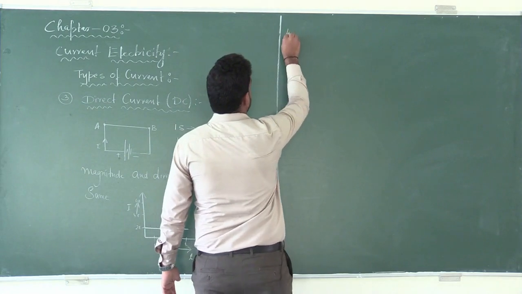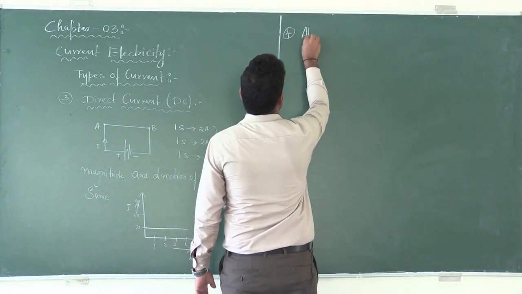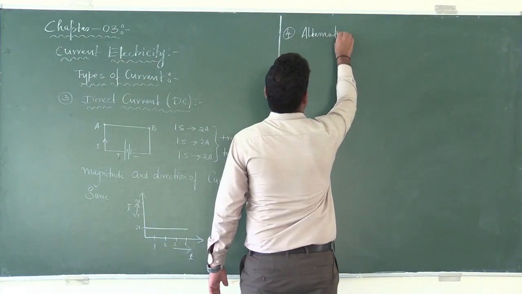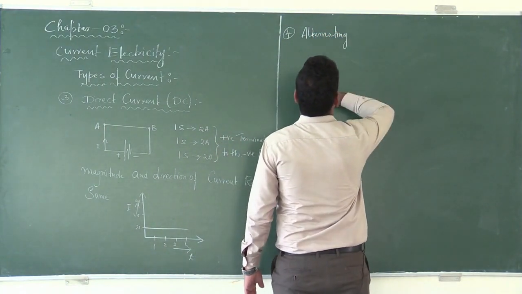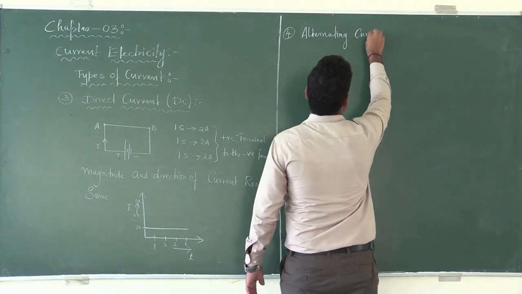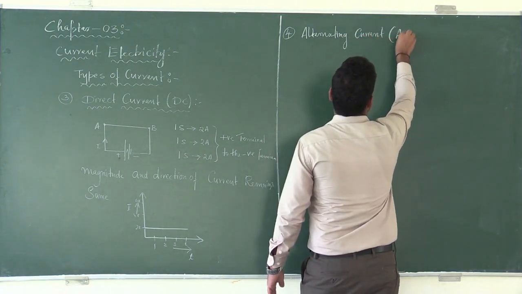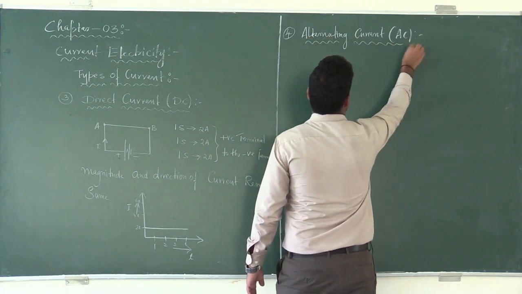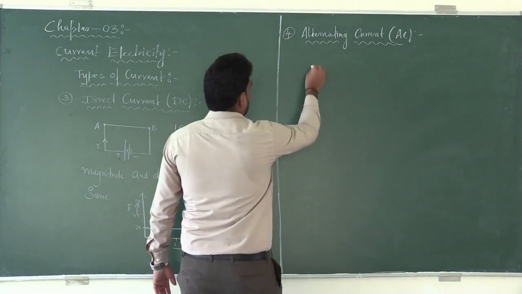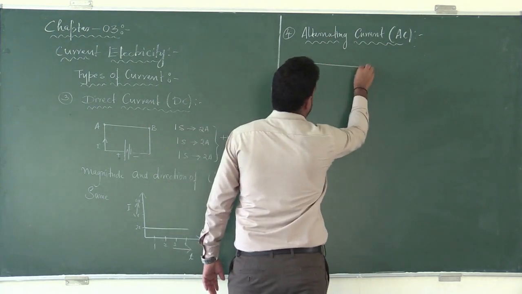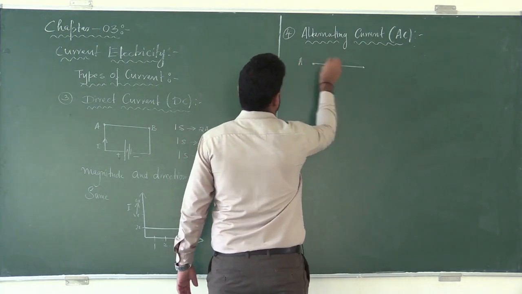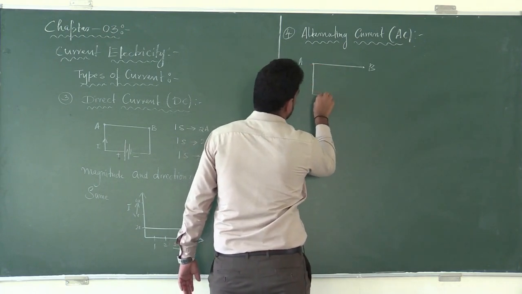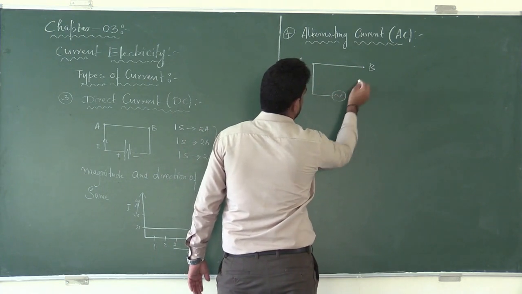Next one. Alternating current, AC. Here a metallic wire with ends A and B is connected to an AC source.